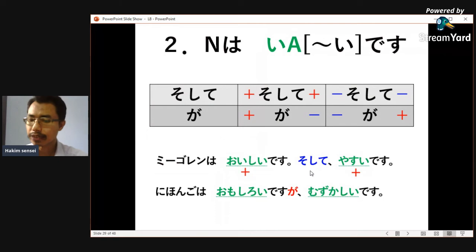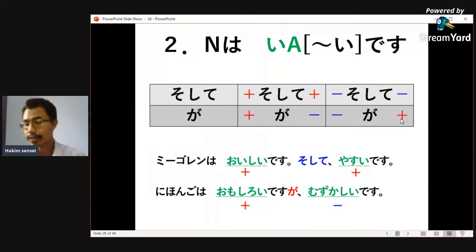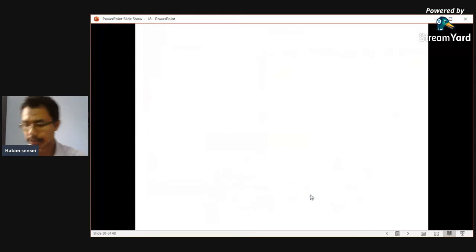But if you are dealing with sentences of opposite impression, the first one positive and the second one negative, or the first one negative and the second one positive, you are using the word ga in order to combine the sentences. All right. So this is what we discussed in the second session: adjectives and negative form, combining more than one sentence.